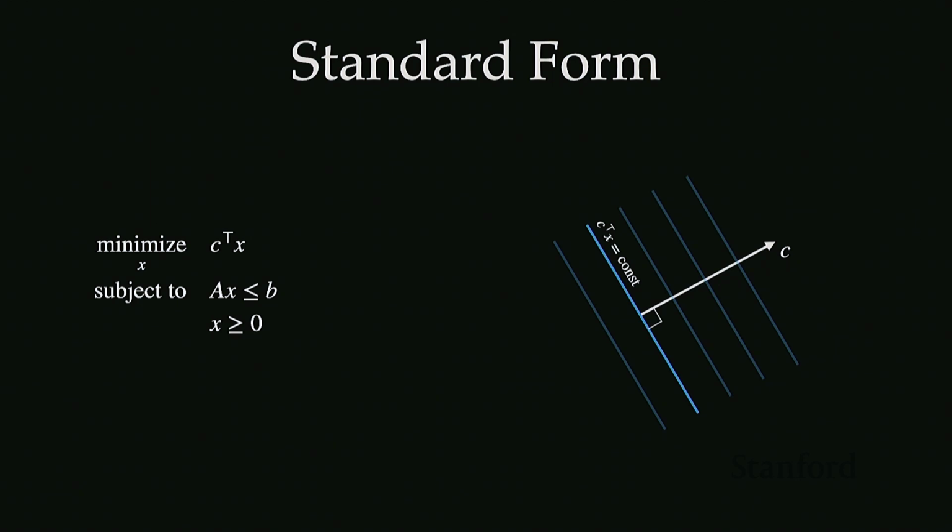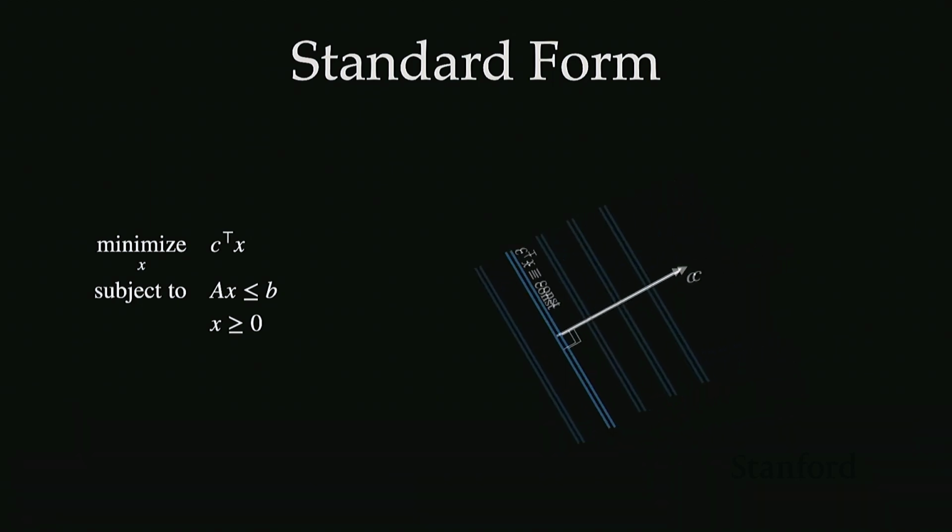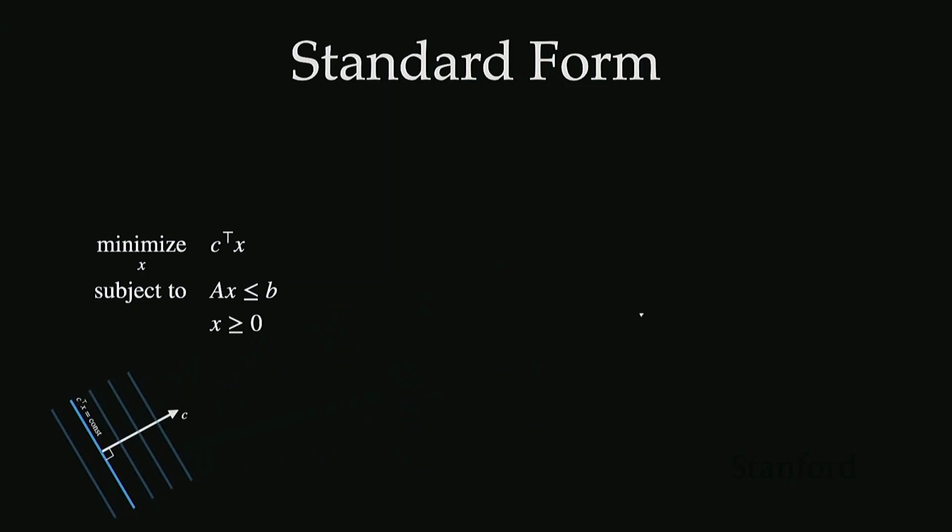We can do the same thing for these inequality constraints. Very similarly, if we have a vector that we'll call w, and then we look at a line of constant w transpose x, this is another contour line where w transpose x is equal to b. We know that that is also going to be perpendicular to the w vector, which is the gradient of that constraint. And now we can talk about half spaces.